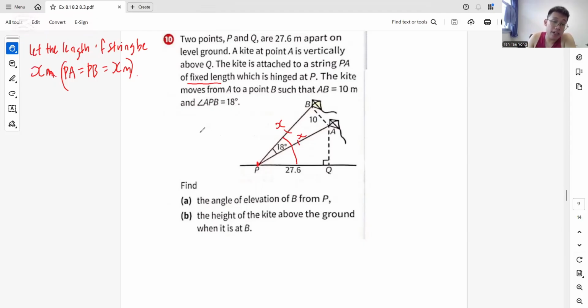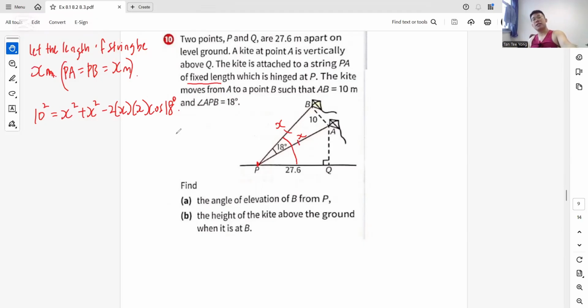Okay, so how do we find out X? We are going to use the cosine rule. So 10 squared equals X squared plus X squared minus 2 times X times X cosine 18 degrees.